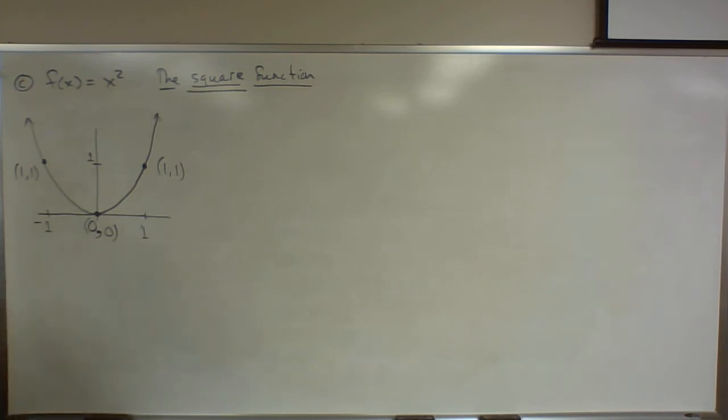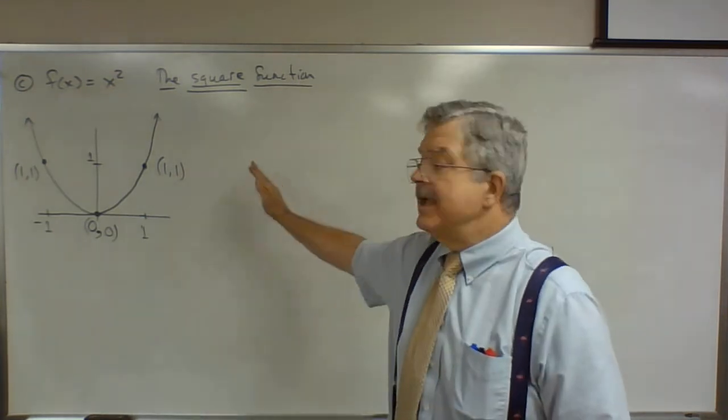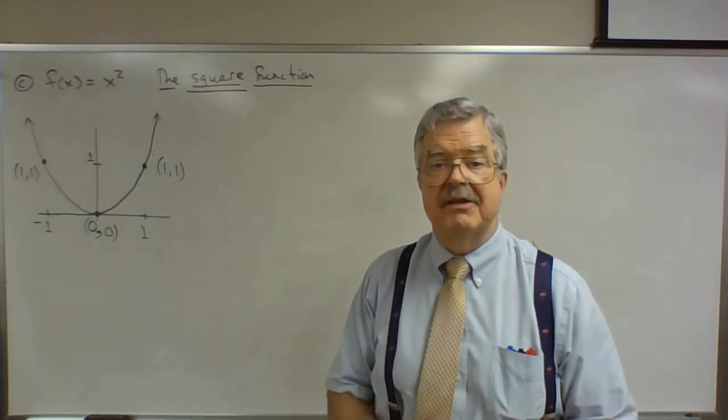This is going to be part of our repertoire. And also remember how we plotted this graph. We chose the points x equal -1, x equals 0, and x equal +1. We're going to use that approach when we do variations of this graph in the next chapter.